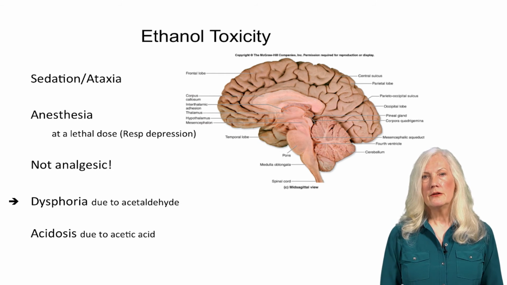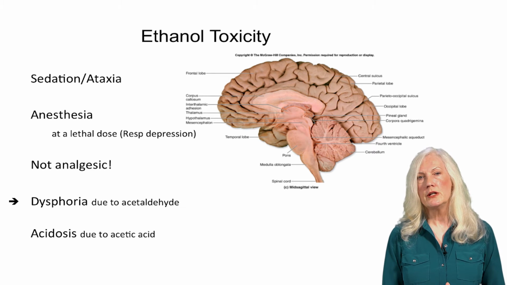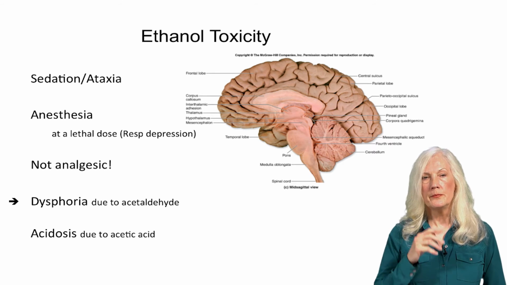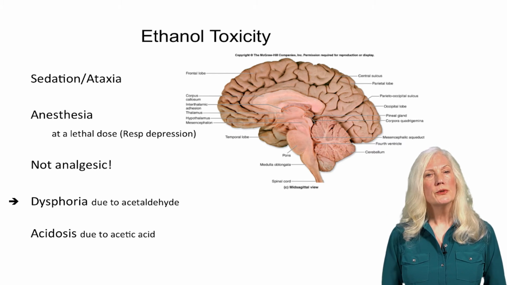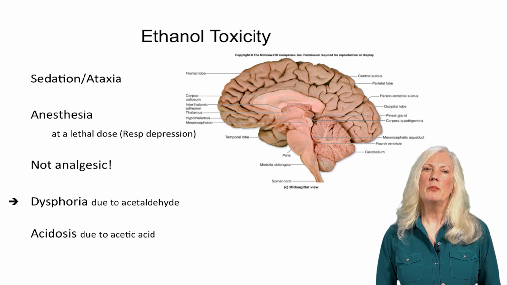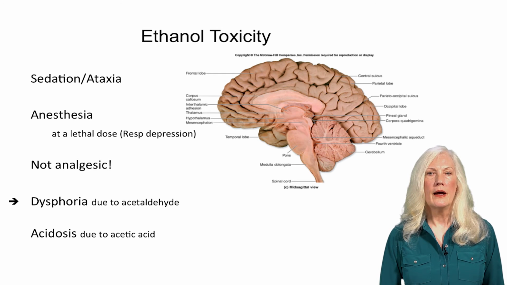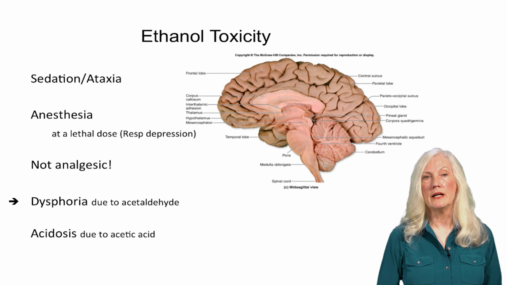Even at non-lethal doses, the metabolism of alcohol produces dysphoria because of the accumulation of abnormally high concentrations of acetaldehyde. In fact, antabuse, disulfiram, was originally designed and is still used in aversive therapy to make people sick when they drink ethanol by blocking aldehyde dehydrogenase and causing the acetaldehyde to accumulate.